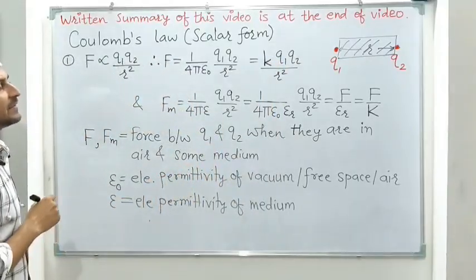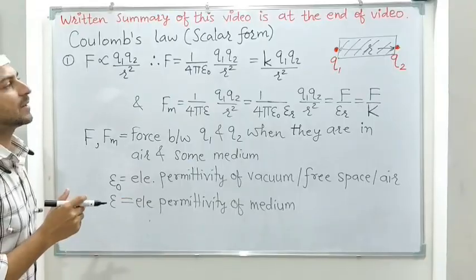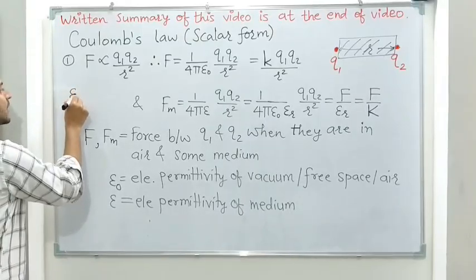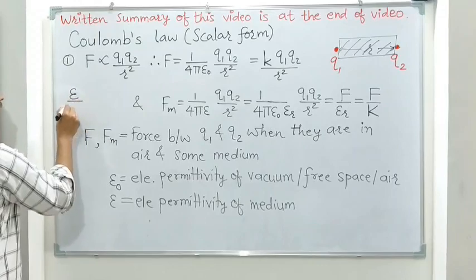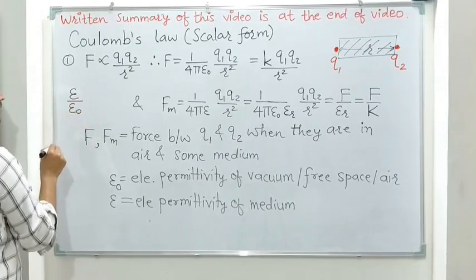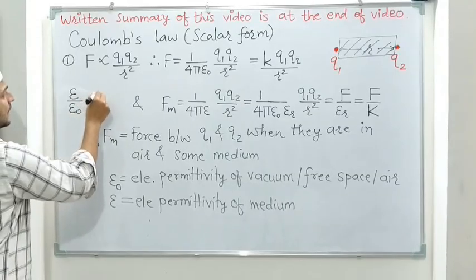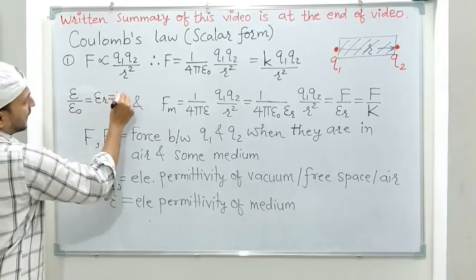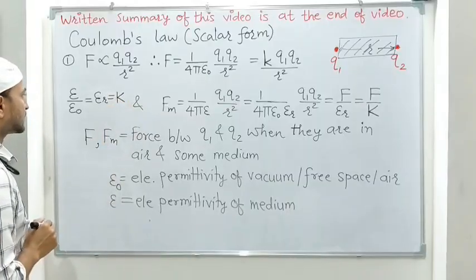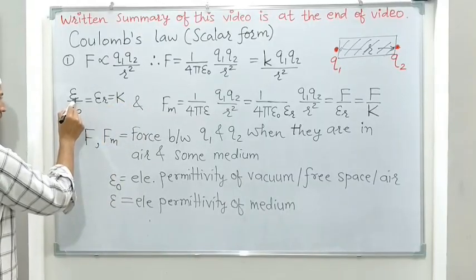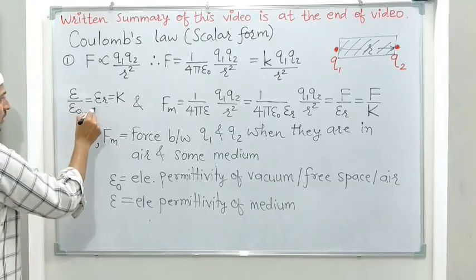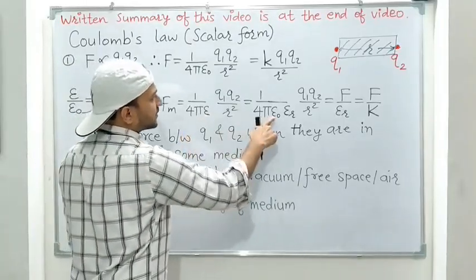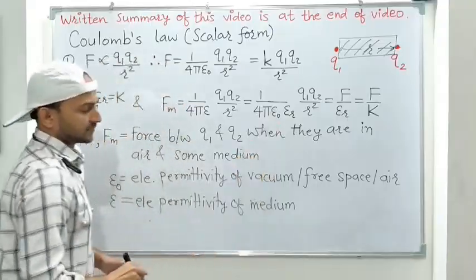Now, in the previous video, that is board concept video number 3, we have learned that the electrical permittivity of any medium upon the electrical permittivity of vacuum is the relative electric permittivity of the medium, also called capital K, the dielectric constant. So epsilon is equal to epsilon 0 into epsilon r.